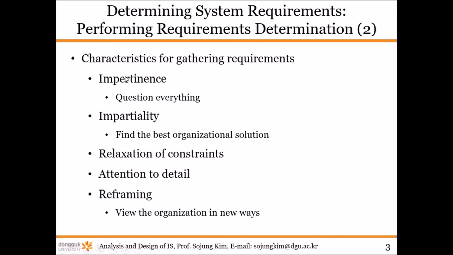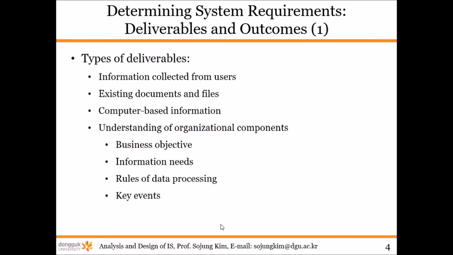First property is impertinence, and technically the flexibility to associate multiple questions, and impartiality, also relaxation of the constraint, and this is a flexibility, right? In terms of use, and attention to detail, reframing. So view organization in new ways.